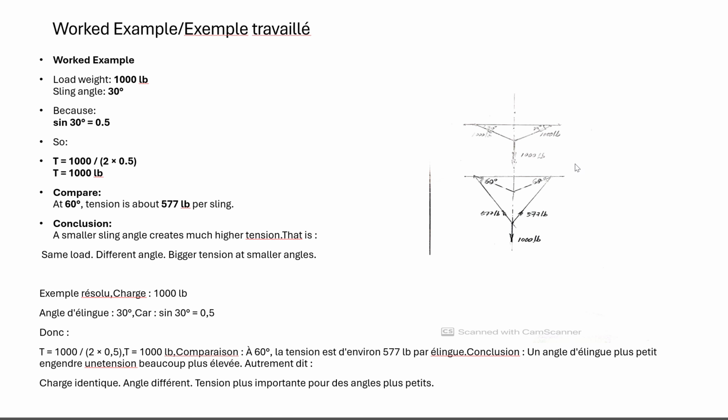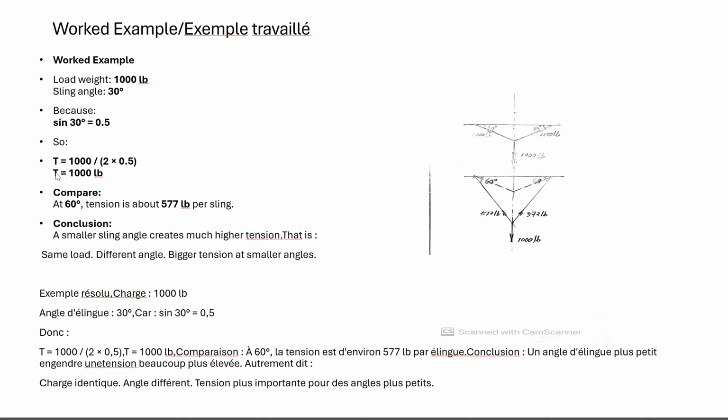Let's work an example. Here, the load is 1,000 pounds. The sling angle here is 30 degrees. Because sin 30 degrees equals 0.5, T equals 1,000 divided by 2 times 0.5.